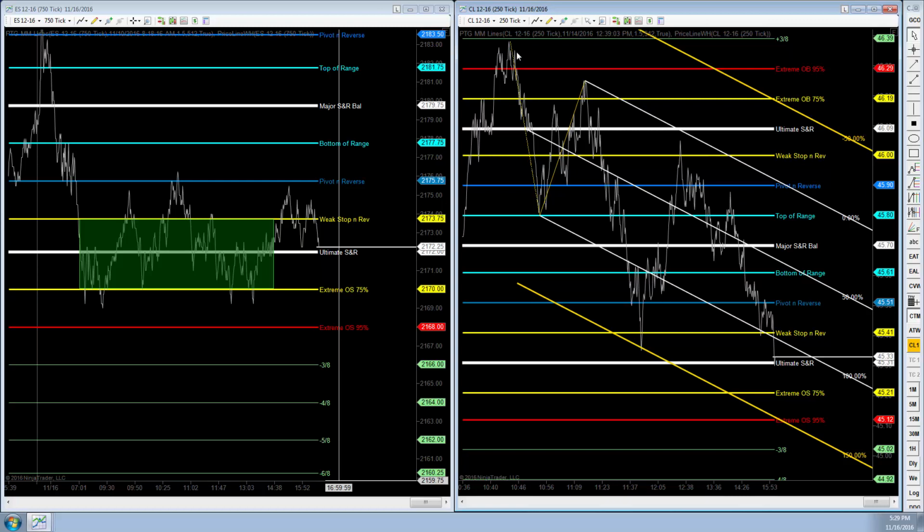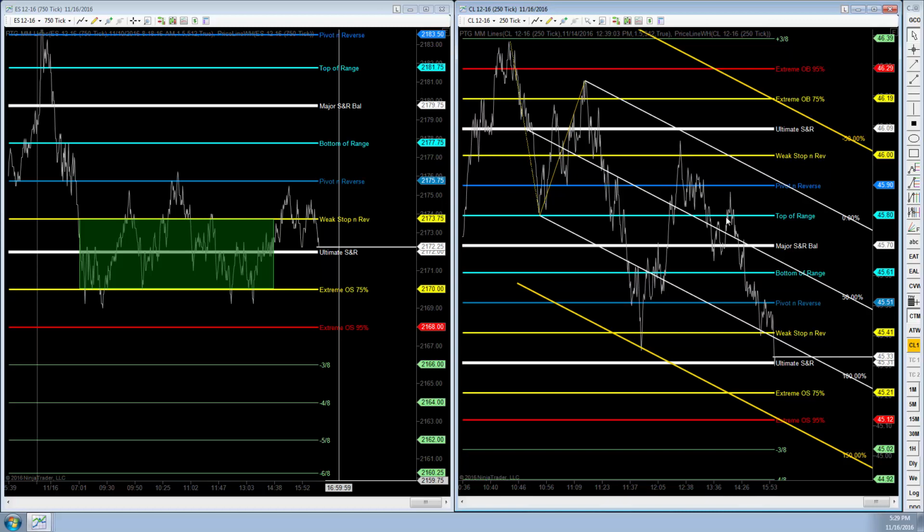One of the good tools, pretty straightforward, but it can really help give you a sense of how far price has gone down or up, the trend, the direction.